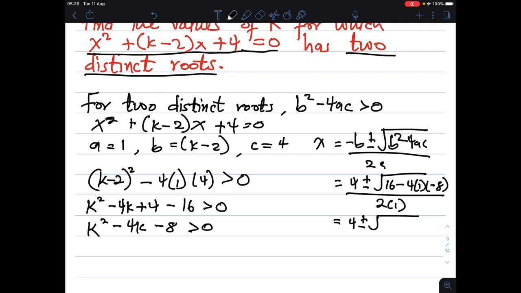So that would be 16 minus 4 into -8, and that will give us 48 over 2.